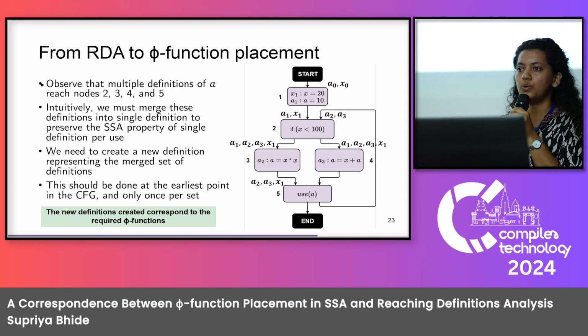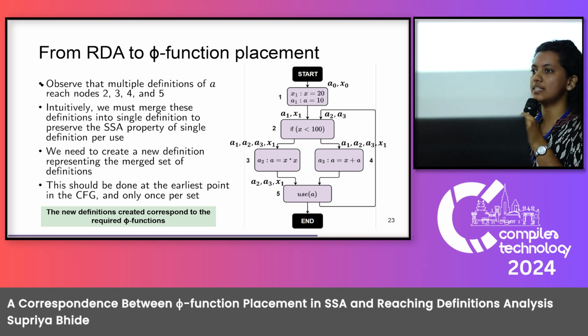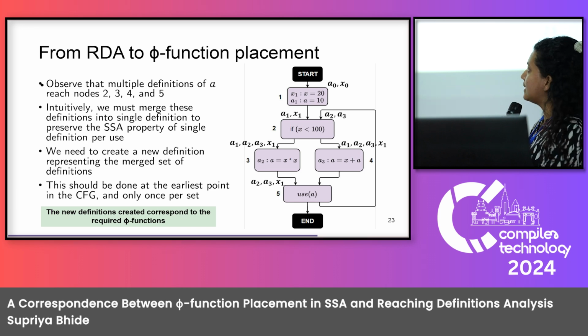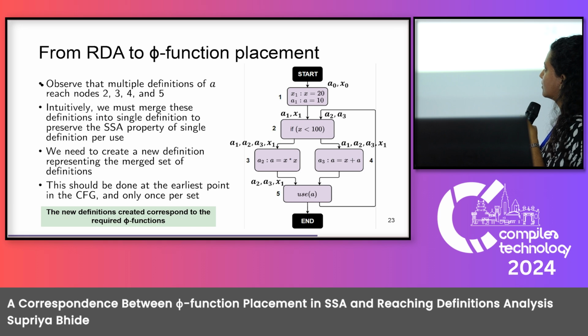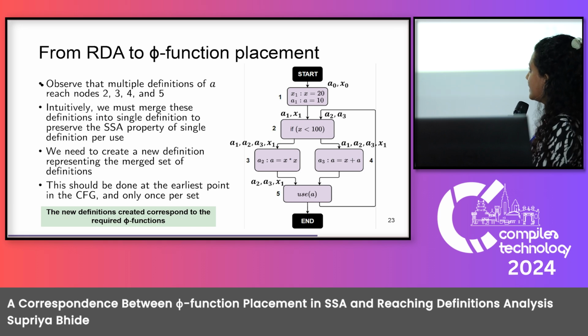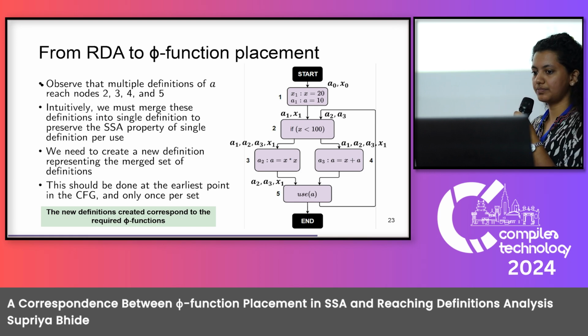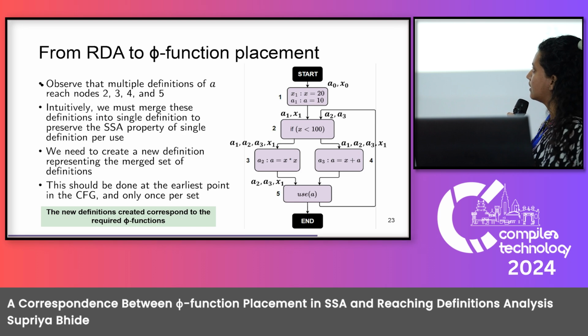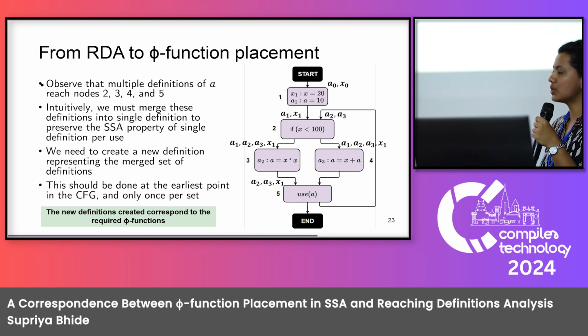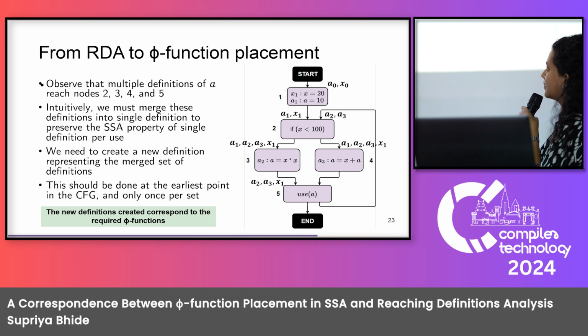And now let's look at how we can use this to perform phi function placement. Observe that multiple definitions of A reach nodes 2, 3, 4 and 5. So intuitively, we must merge all these definitions into a single definition, just like we do for phi functions.